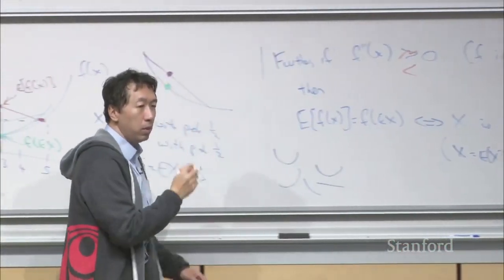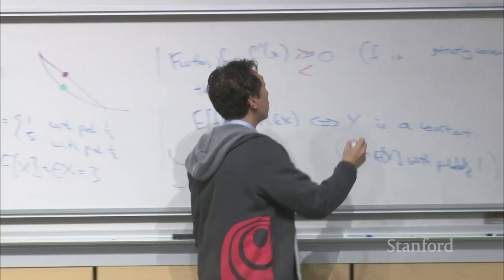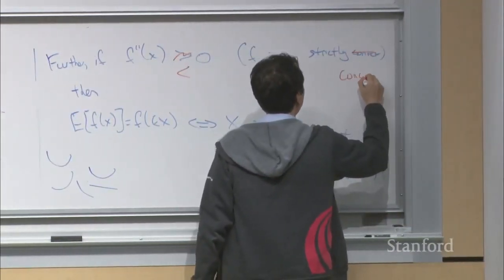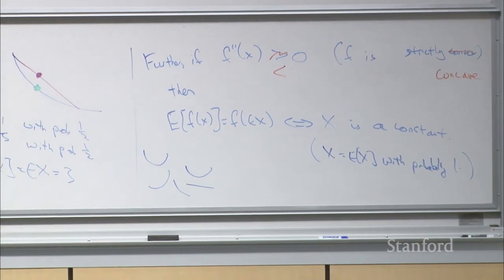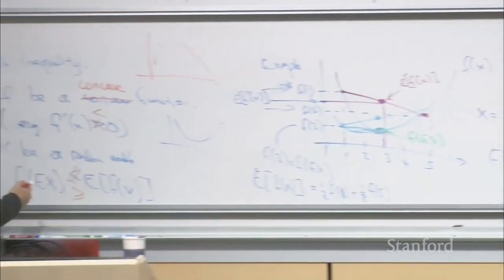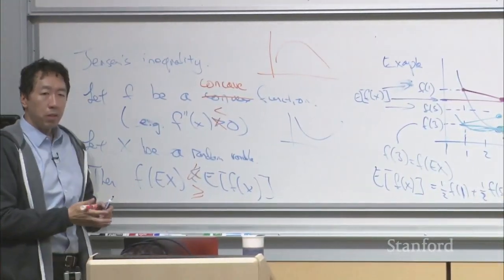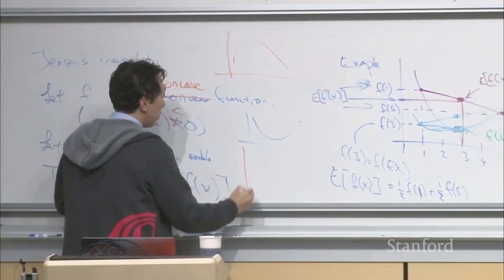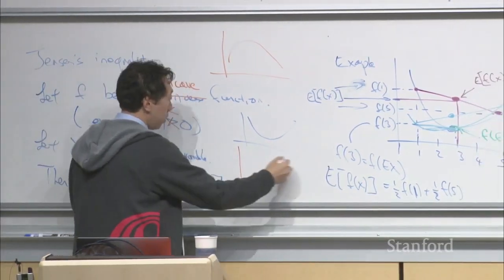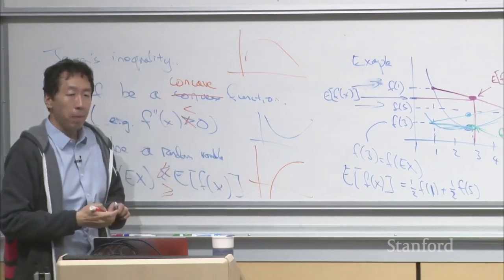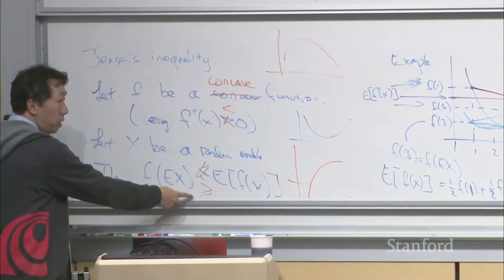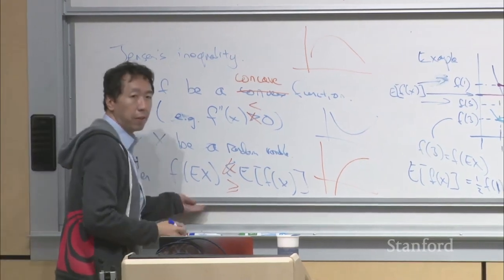So f is strictly concave. The form of Jensen's inequality we're going to use is the concave form, and we're going to apply it to the log function. The log function, log x, looks like this, and so that's a concave function. And so the inequality we'll use will be in this direction, the one in orange.